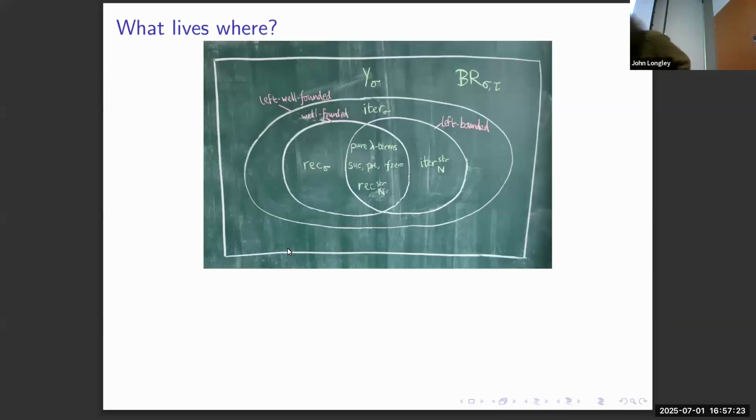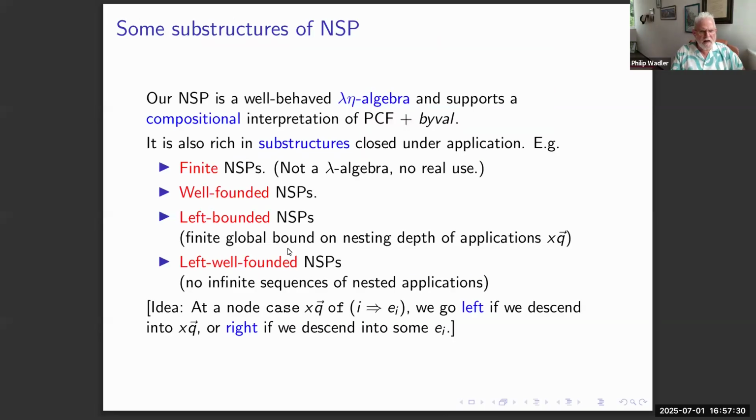Sorry, John, before you leave that, I don't have a good intuition about left and right. Is left versus right something we determine at runtime, or is it determined just from the structure of the tree itself? It's just determined from the structure of the tree. So if we have case xq of I ei, we think of these q's as left subterms and these e's as right subterms.